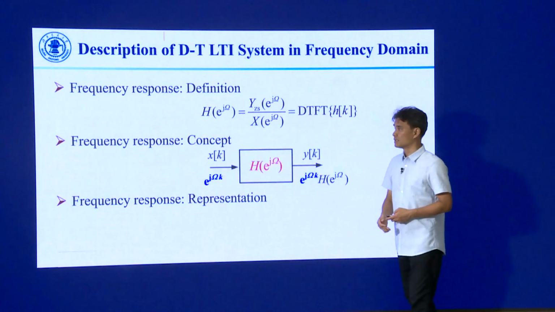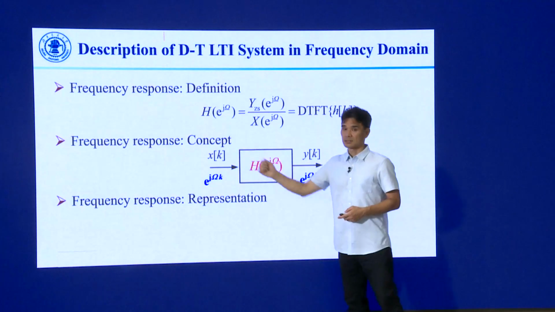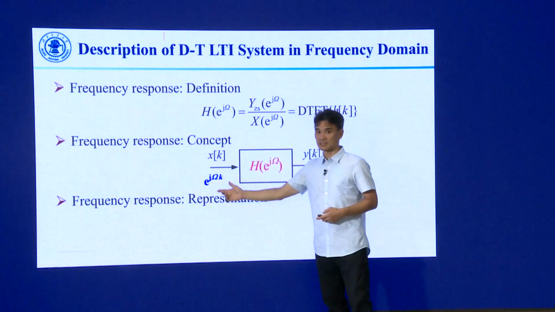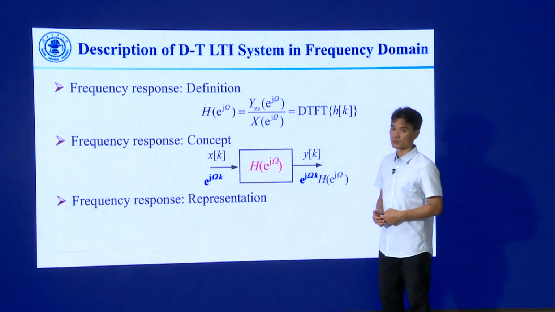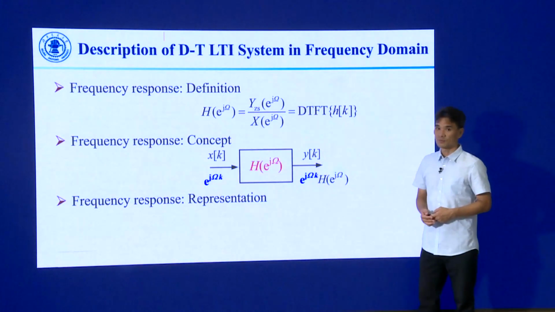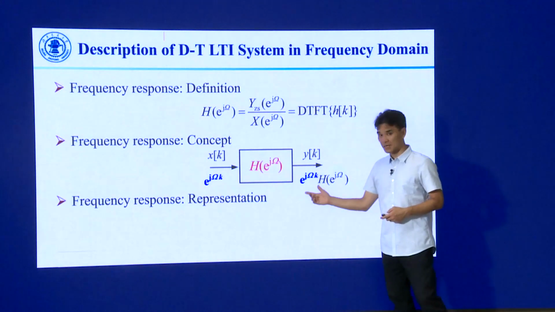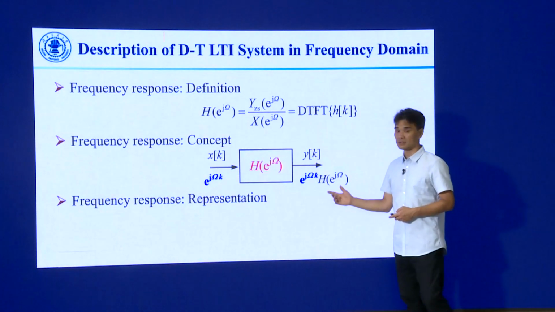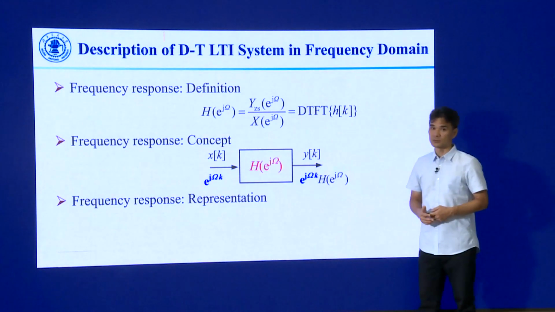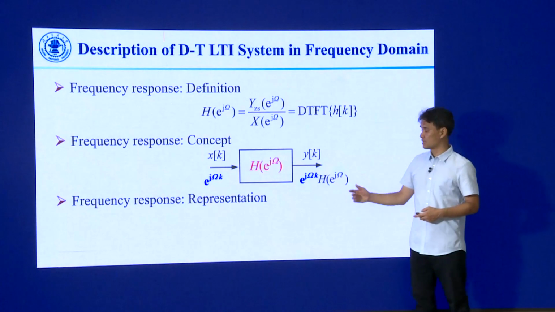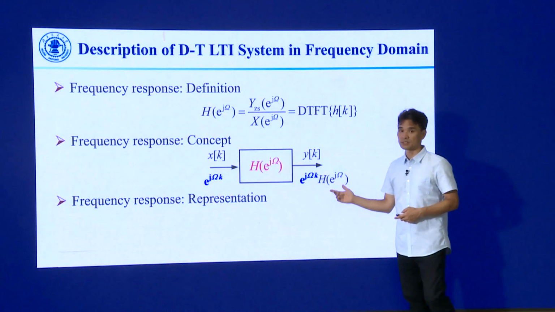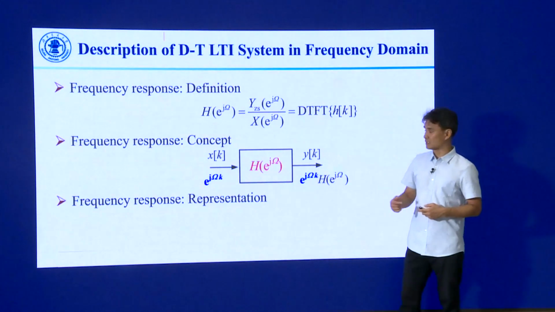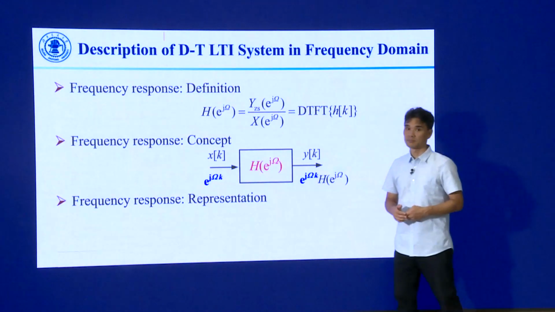The concept of the frequency response can be treated as the response of the system to an imaginary exponential signal. The response is the same imaginary exponential signal, but modified by the system's frequency response. So the frequency response actually is the description of the system's transmission property for different frequency components.